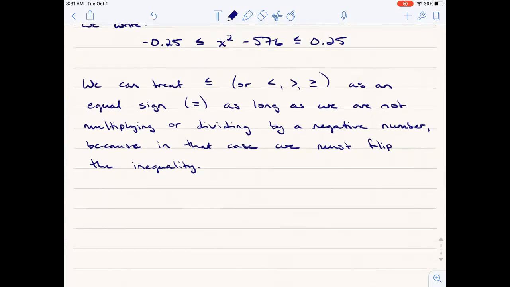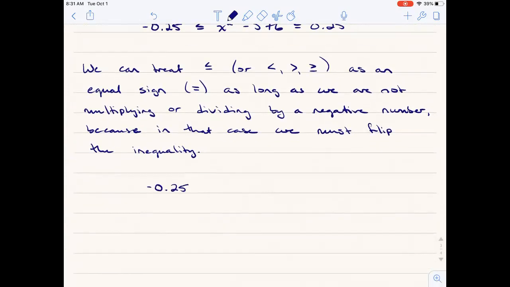So if we rewrite what we had up above, just so I can have it on the screen: negative 0.25 is less than or equal to x squared minus 576, which has to be less than or equal to 0.25. Now, just putting the brakes on if you find yourself multiplying or dividing, and then just check if it's negative. If you're doing it with a positive value, then it's fine.